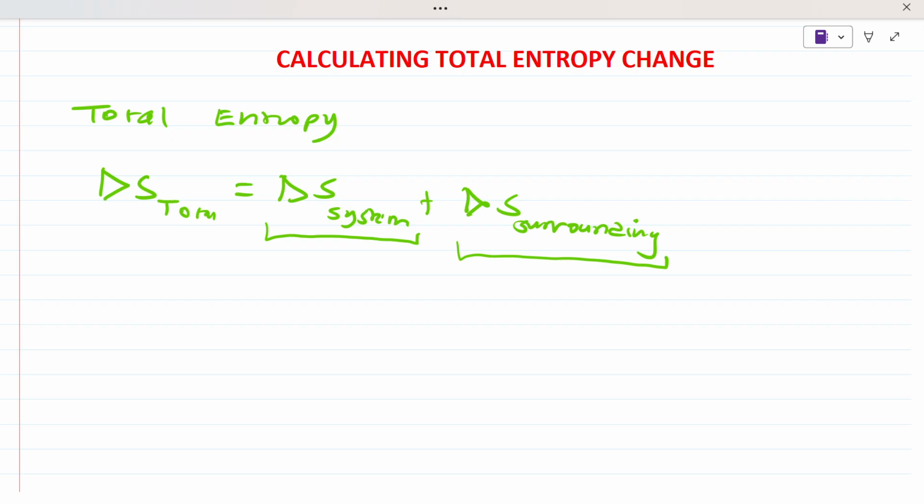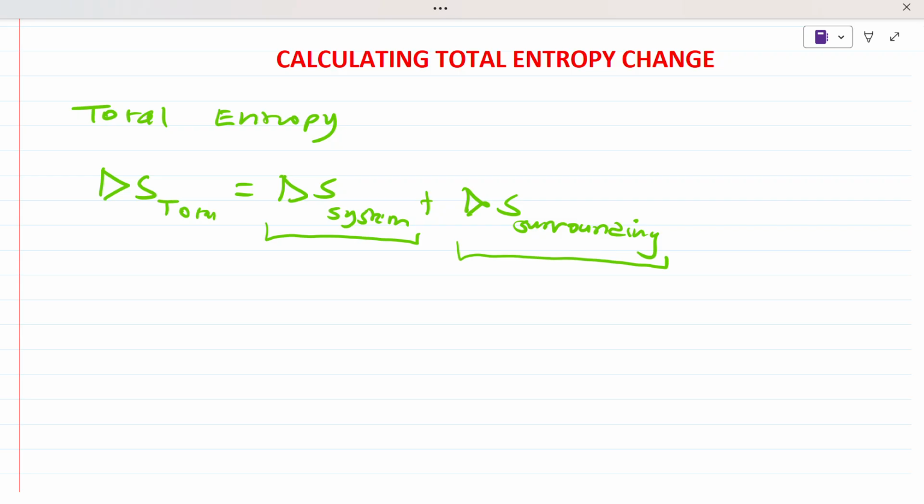Now, initially I had taught you how to calculate entropy of a system, and we had already done calculating entropy of the surrounding. Now, I'm going to give you a sample question that will help us understand how we can come up with the calculation.